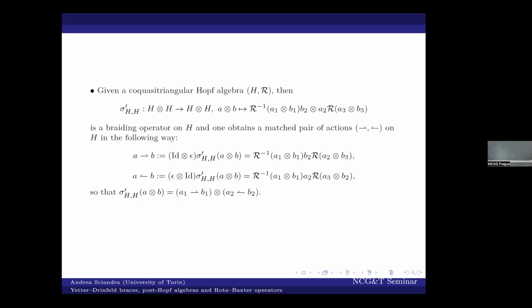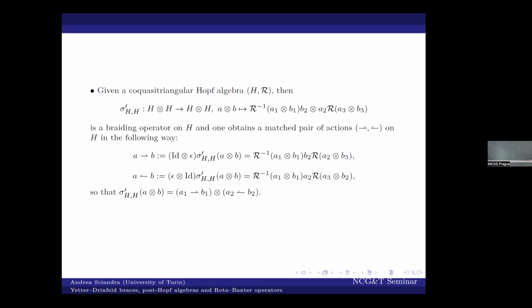If you compose it with epsilon tensor identity, you obtain a right action. And this pair of actions is a match pair of actions in the previous sense. And so you can rewrite your braiding in this way. So this braiding operator is obtained using this match pair of actions.